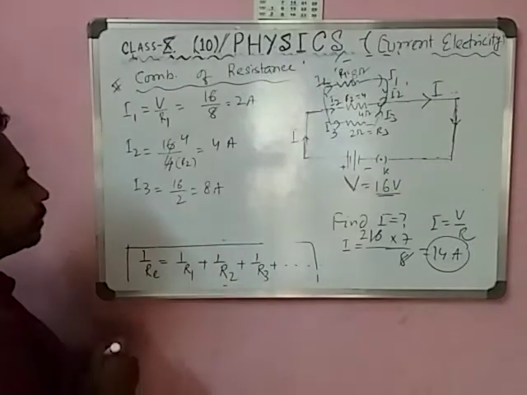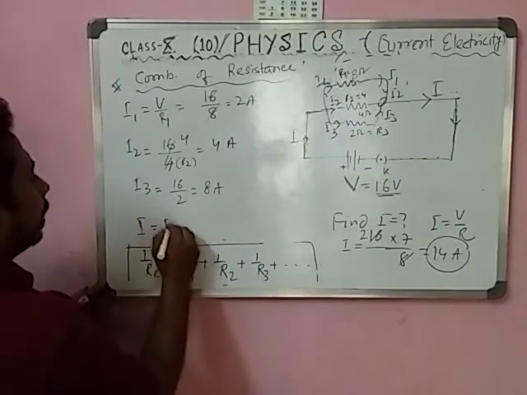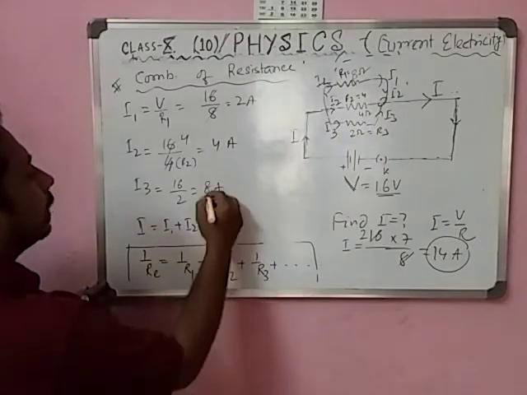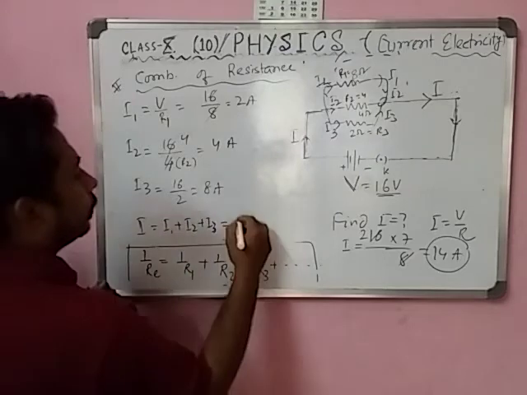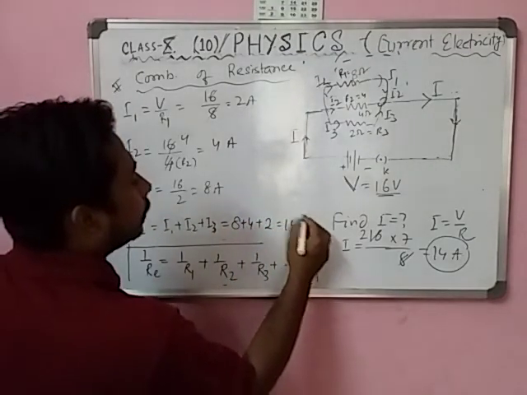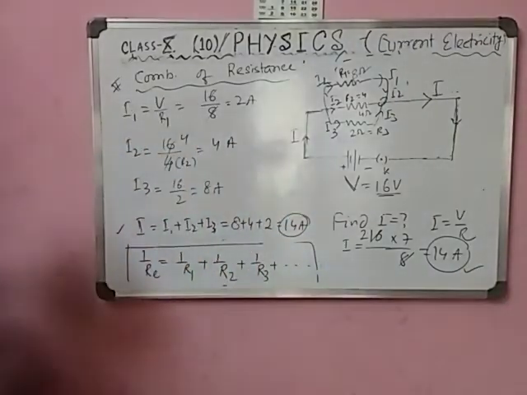So you can write, students, the total current I is equal to I1 plus I2 plus I3. 8 plus 4 is 12, plus 2 means 14 ampere. The total current I is the same.